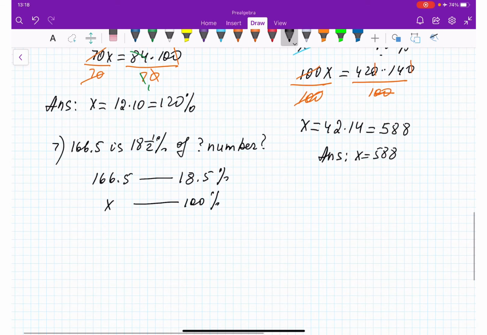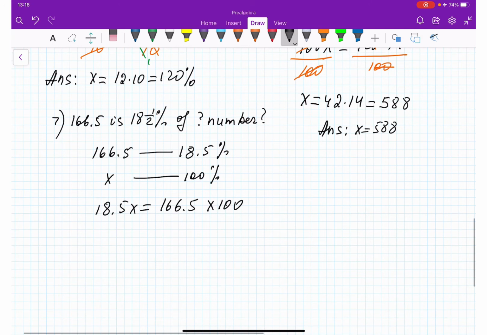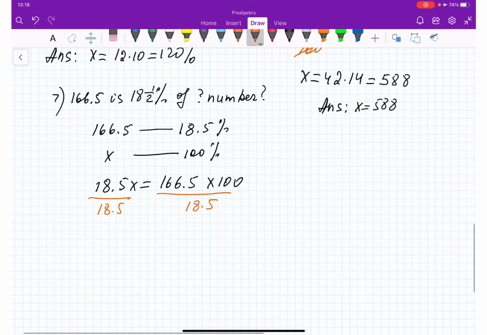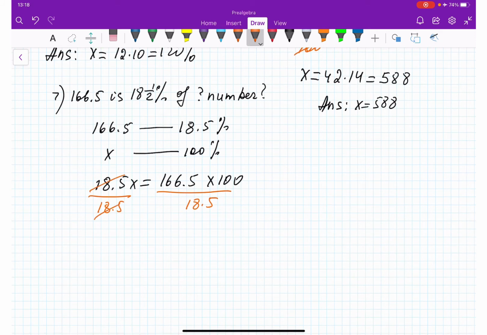All right, so I'm getting 18.5x is equal to 166.5 times 100. Okay, so I'm going to divide by 18.5. Divide by 18.5, and this is gone. So let me see if 166.5, I should be able to divide by 18.5, 0.9, yes.